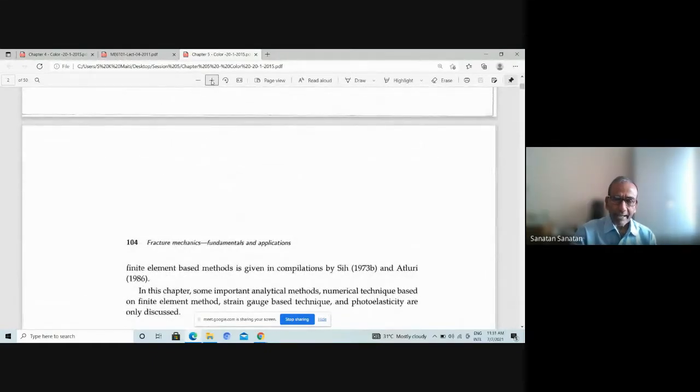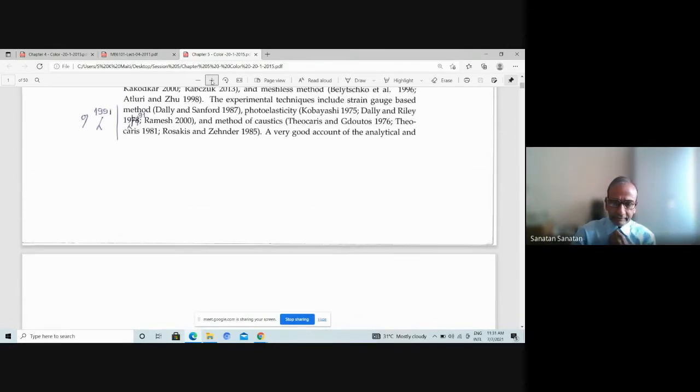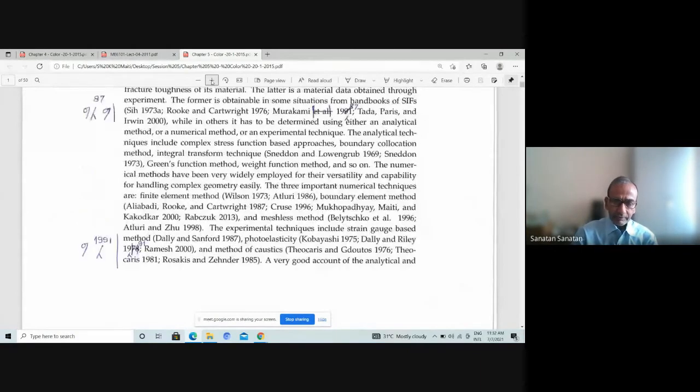So, welcome back. We'll get started with this session, which is mainly to discuss the determination of SIF based on analytical methods. Analytical SIF solutions for different geometry and loading have been obtained.